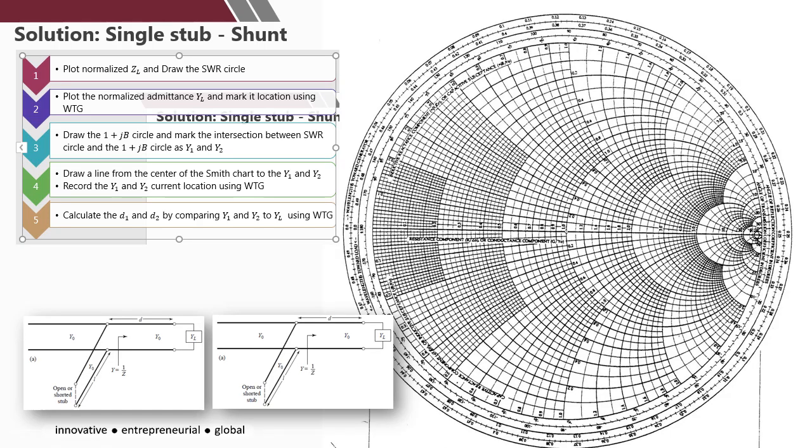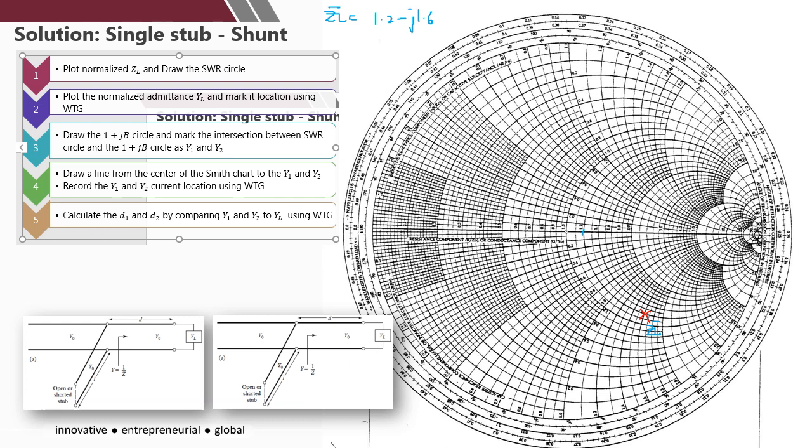Okay, next you need to plot the ZL and draw the SWR circle. The normalized impedance just now is 1.2 minus J1.6. So it's at the bottom and it's 1.2 here, and this is your ZL point.